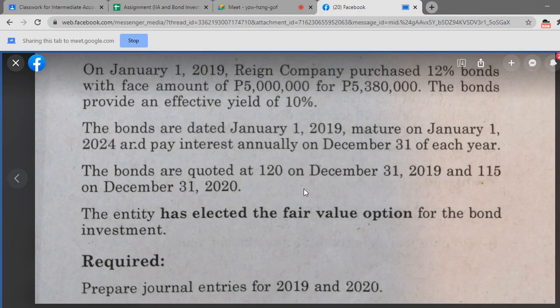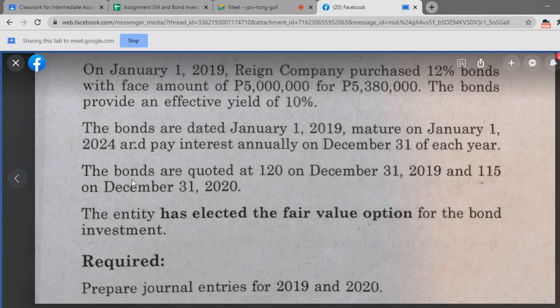Gain from change. The fair value changed. Just focus on the third paragraph: the bonds are quoted at 120 on December 31 and 115 on 2020. Those quotations are the fair value.